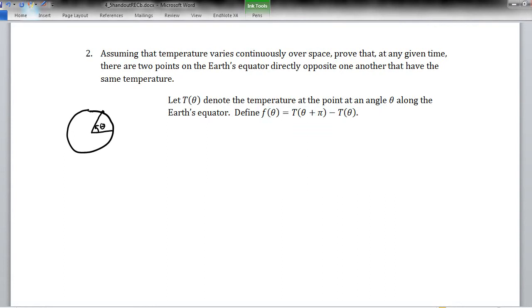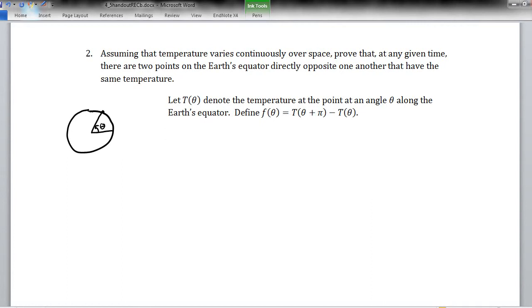Well, we don't actually know the value of that f anywhere. Lots of different things could happen for the temperature on the equator. But what we can do is consider the value of f at 2 opposite points and see how those compare to one another.